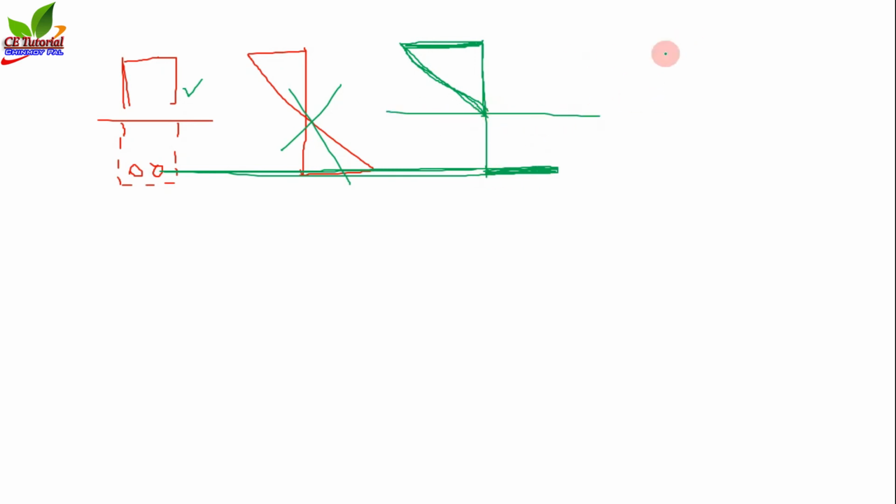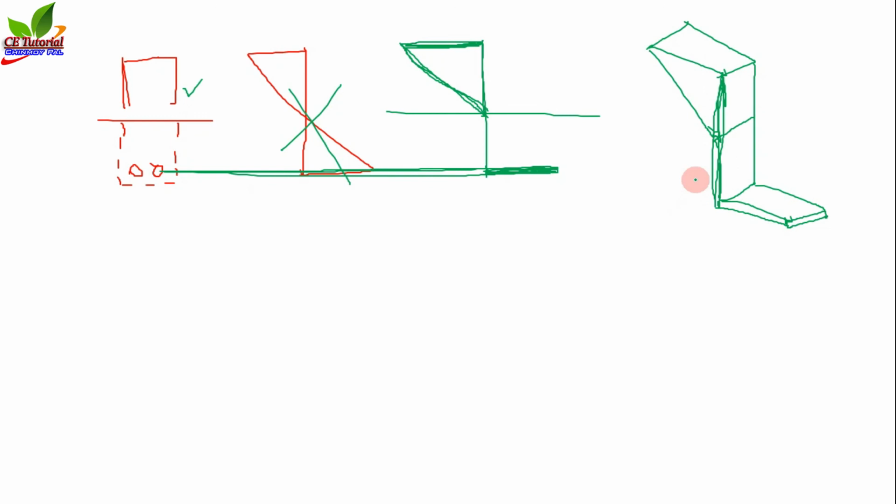Okay, now if I draw the three-dimensional figure, you can see that this will be the figure. So above the neutral axis, this is the three-dimensional block, and below the neutral axis there is only one layer for the particular tension reinforcement.